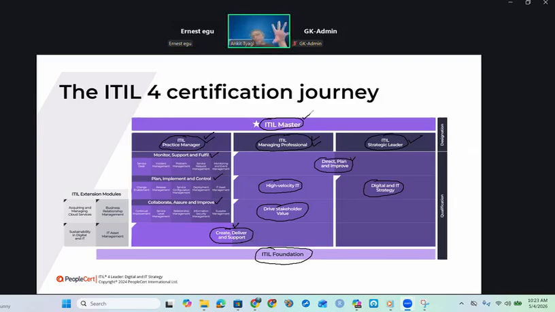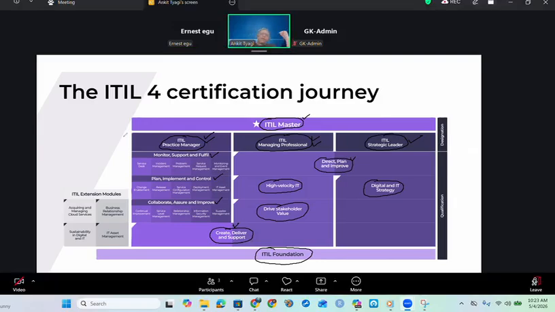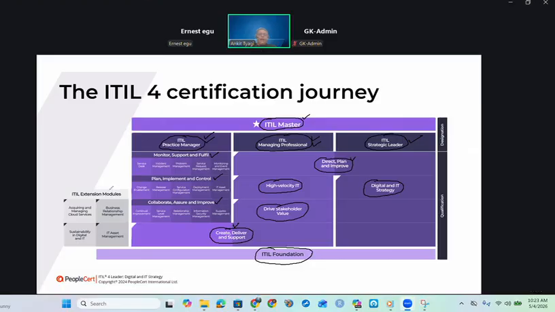Apart from these designations and certifications, we have certain extension modules as well. Now, these extension modules are for people who work in a specific domain. So, for example, someone is part of an IT department, but is more related to acquiring and managing cloud services. They can go for this one. There are people who negotiate with the customers, who talk to the customers, understand their requirements, work through the requirements. For them, business relationship management.